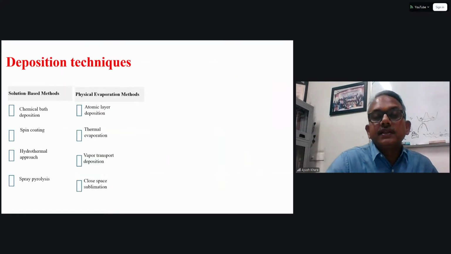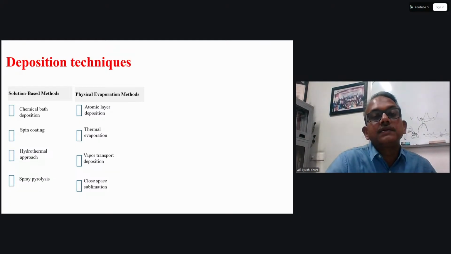Now you have seen that there is a substrate, the base material, on which different layers are to be deposited back to back. So what are the different techniques which are helpful in doing this? There are certain classes: some are solution-based techniques, and others are physical evaporation methods. Chemical bath deposition, generally called CBD, spin coating, in which the substrate is spun, the hydrothermal approach, and chemical synthesis such as spray pyrolysis, in which the solution is sprayed on a substrate.